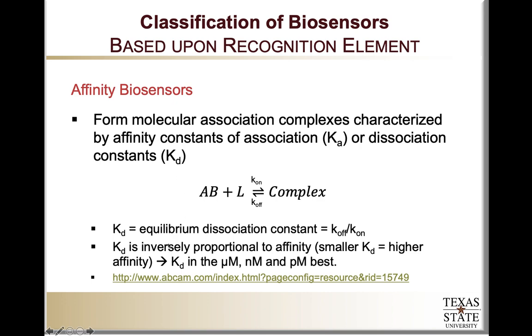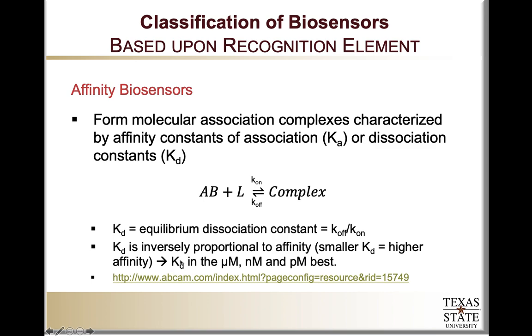That Kd could also be called the equilibrium dissociation constant, and is basically the ratio of the rate constants of the dissociation process to the association process. Kd is inversely proportional to the affinity of that antibody or that biorecognition molecule to the target, meaning that a smaller Kd would tell you that that agent has higher affinity for the target molecule or for the analyte.